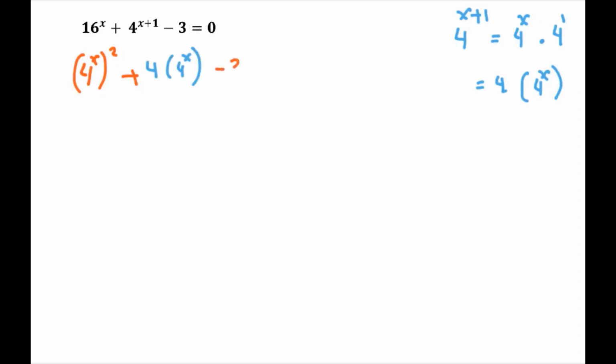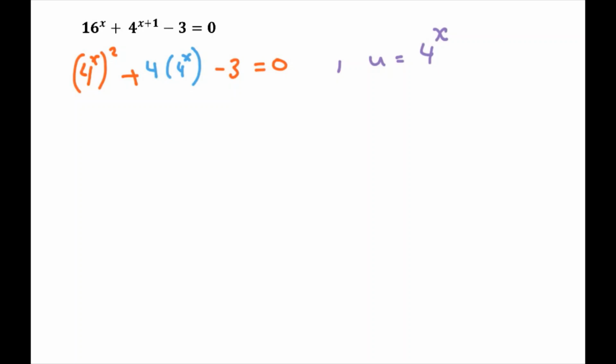Then minus 3 equals 0. That's my quadratic equation. Now, let's take u equal to 4 to the power of x. So now this is going to be u squared plus 4u minus 3 equal to 0.